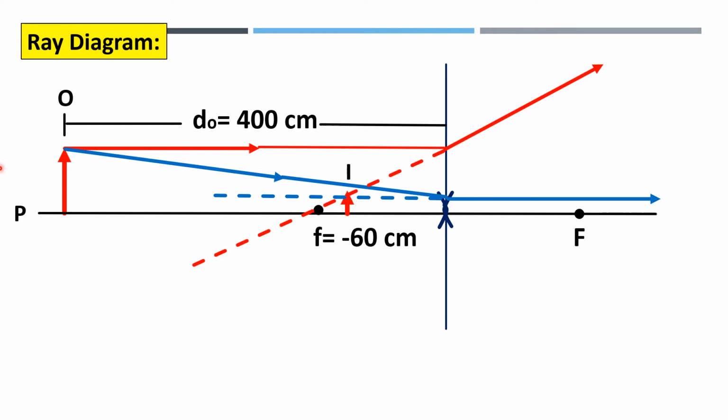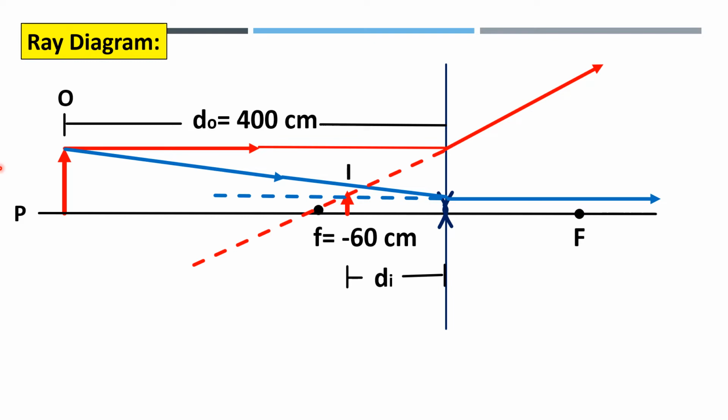How far it is from the lens, we denote with di, that is the image distance. If we did this following the correct scale, we can actually measure that image distance using a ruler, and then use the scale that we chose.